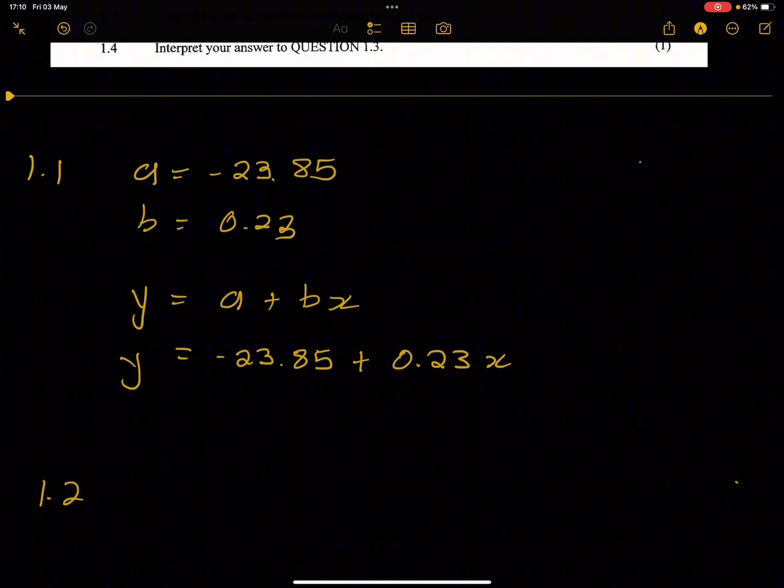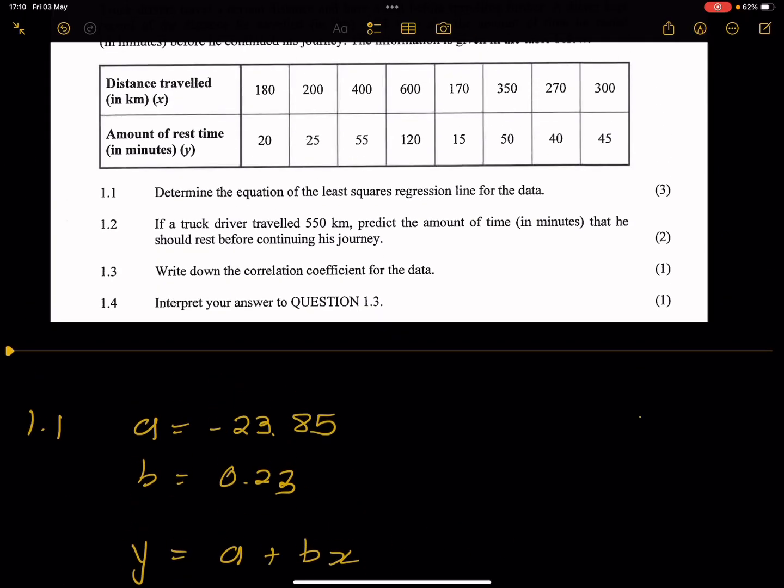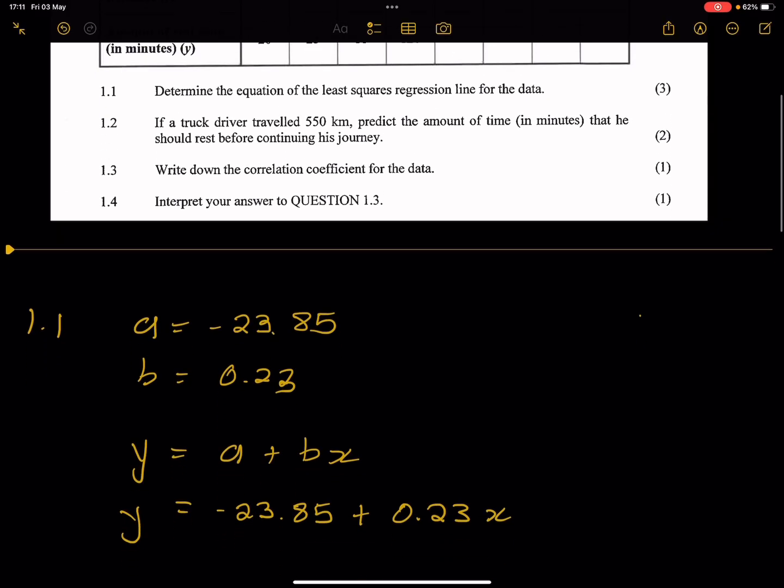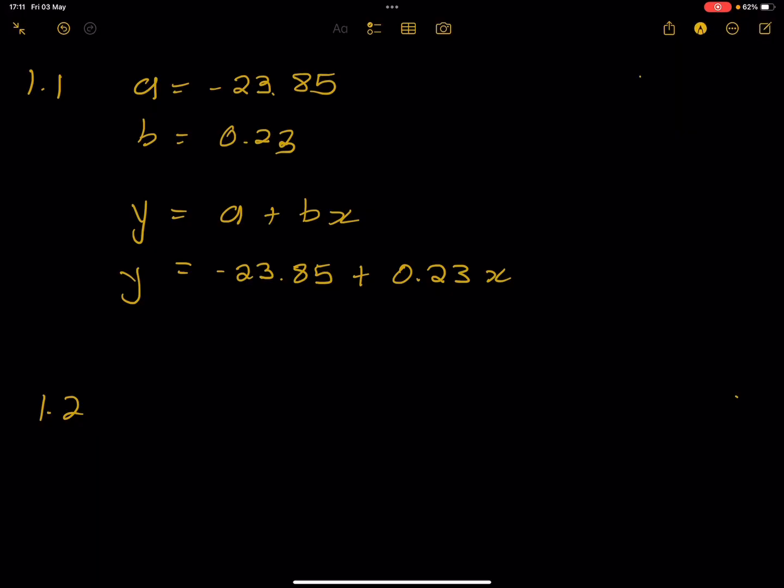So 1.2, they say if a truck driver travels 550 kilometers, predict the amount of time in minutes that he should rest before continuing his journey. In this case, what that simply means is that we're going to use our least square regression equation to predict.